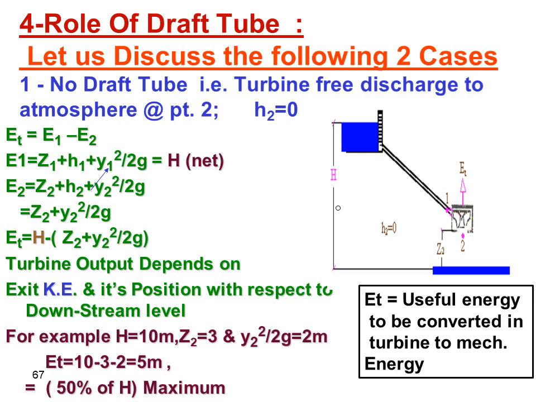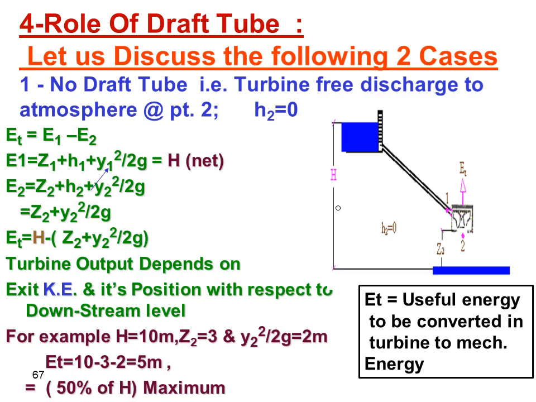Useful energy E_T equals E1 minus E2, and E1 equals E0, the energy at the upstream level, minus the losses in the tunnel or the pipeline. E1 equals Z1 plus H1 plus V1 squared over 2g, which equals H net.